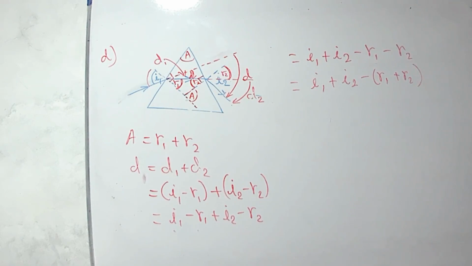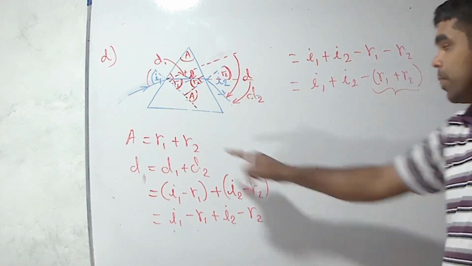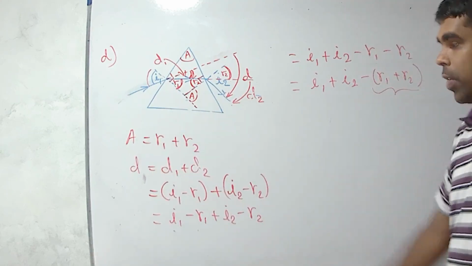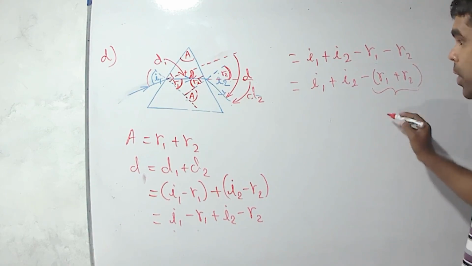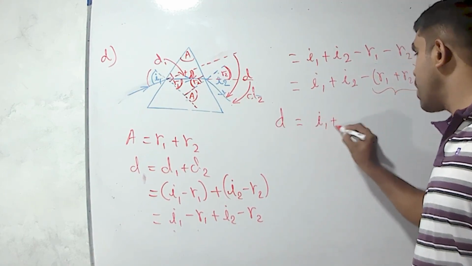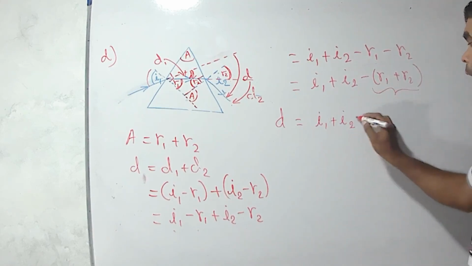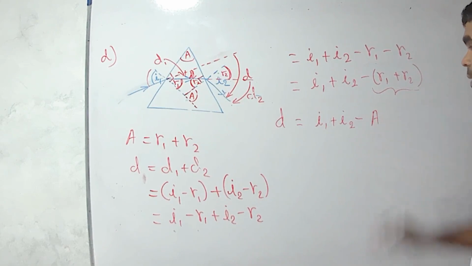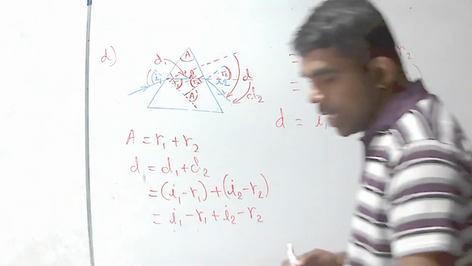We know that the sum of R1 and R2 equals A according to this equation. Then we can substitute the prism angle for this part. Then the angle of deviation is I1 plus I2 minus the prism angle. This is the relationship we have to write for part D.